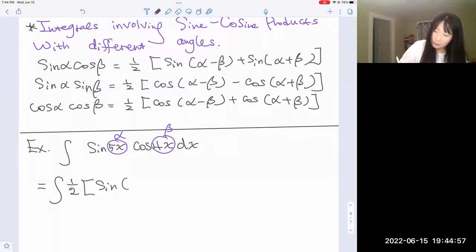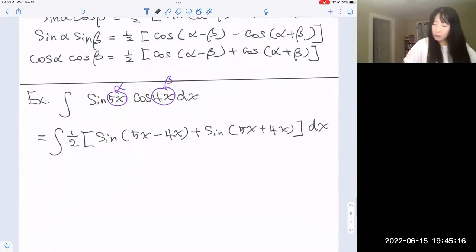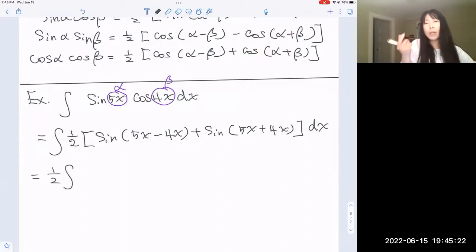So alpha minus beta plus sine of alpha, which is 5x, plus beta, which is 4x, dx. All right, let's take out the 1/2 because it is a constant. Now we can calculate 5x minus 4x.